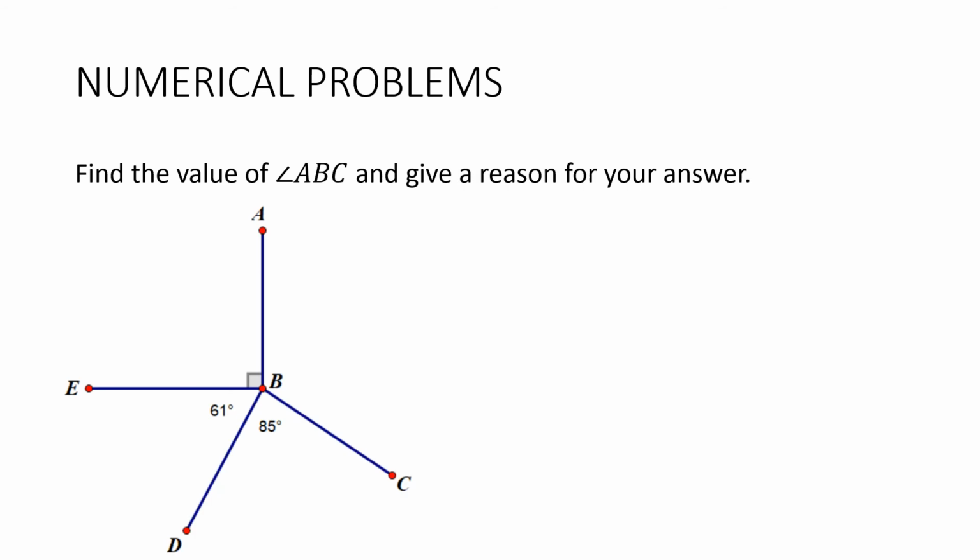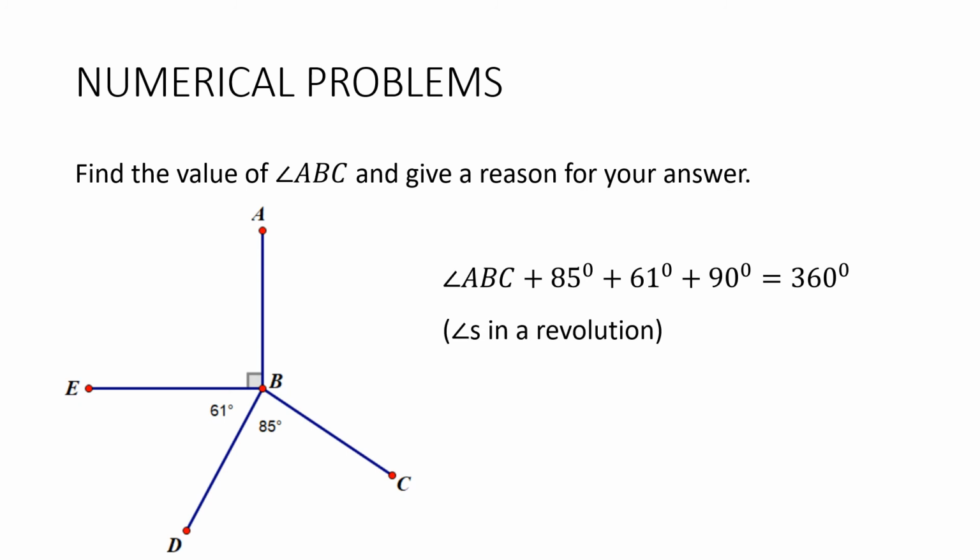How about this one? Here we're asked to find the value of angle ABC. So we don't have a pronumeral in this case. That's okay. Angle ABC plus 85 degrees plus 61 degrees plus 90 degrees must equal 360 degrees. And here's our reason, angles in a revolution. Now do you see what happened there?